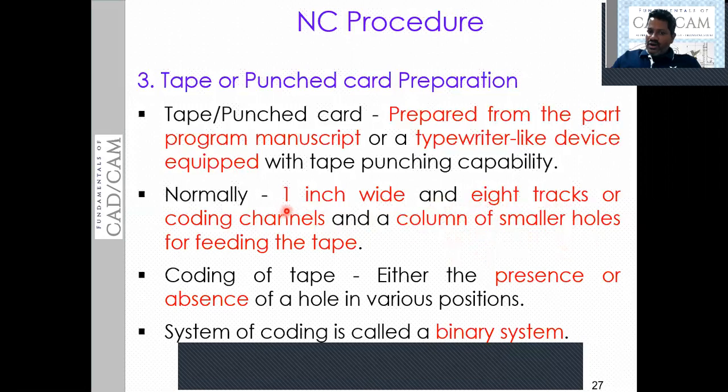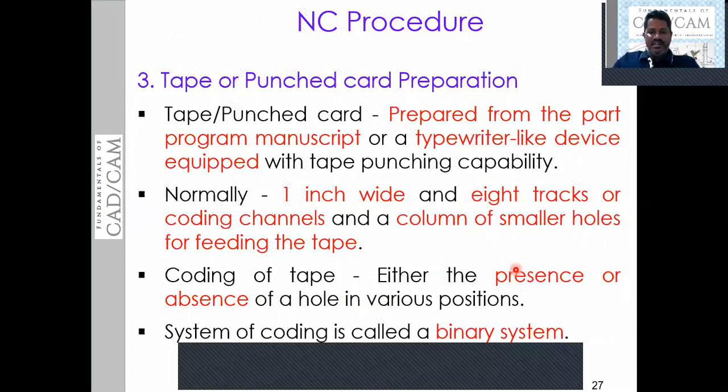It is around 1 inch wide, right? Then it has 8 tracks, as I said just now, and 1 for feeding the tape. The coding on the tape is either the presence of the hole or absence of the hole. When you specify a hole in a particular location, that designates something.